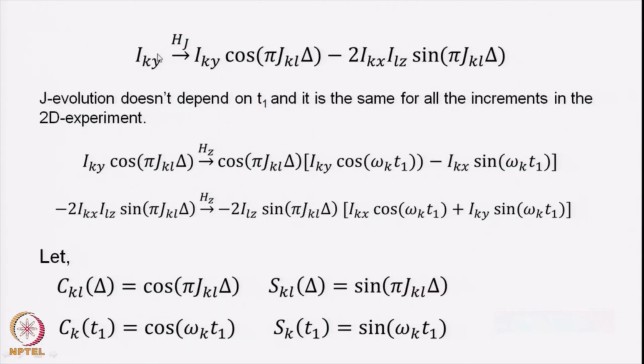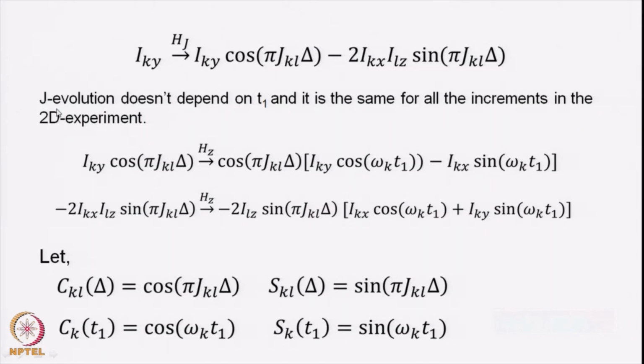Let us look at that explicitly. Consider the IKY, and we will first evolve the J coupling evolution. We have seen before that it does not matter which one you consider first and which you consider later. Let us consider the J evolution first. The Hamiltonian for J is Hj, which is 2 pi Ikz ILz, and the K magnetization evolves like this: IKY cosine pi jkl delta minus 2 Ikx ILz sin pi jkl delta.